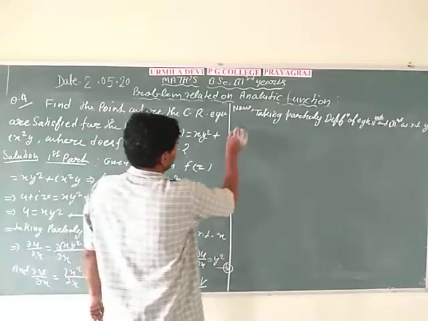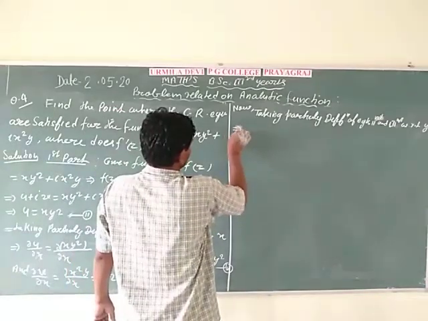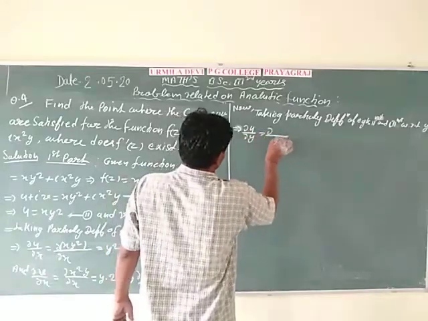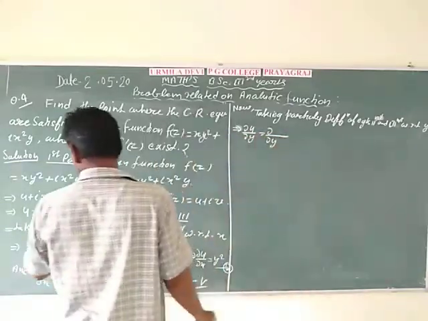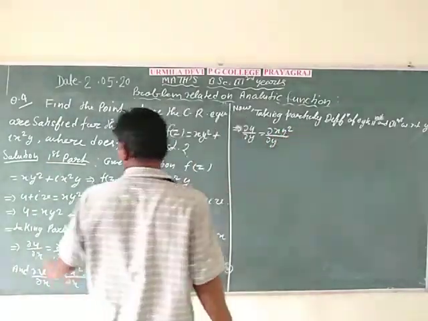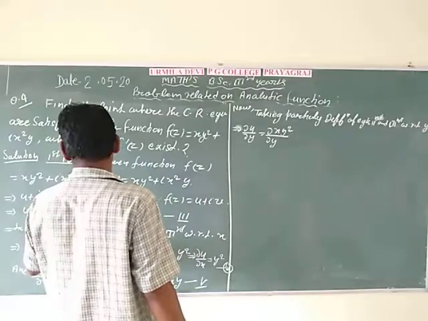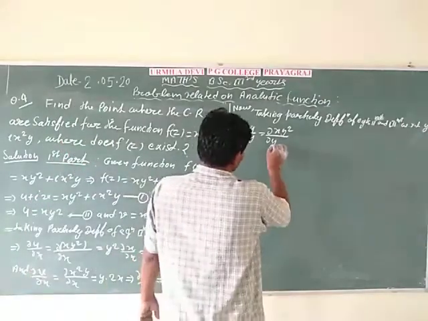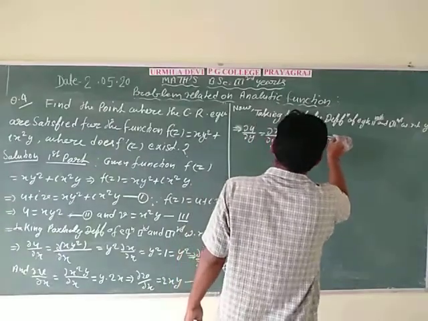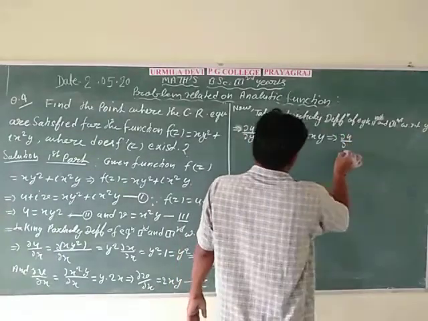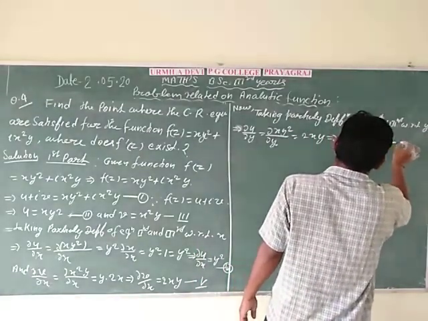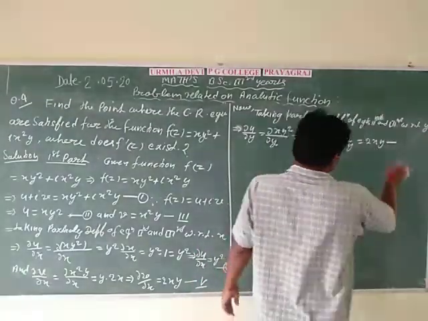Therefore ∂u/∂y, putting the value u = xy², with respect to y gives 2xy. It implies that ∂u/∂y = 2xy, which is represented by equation 6.